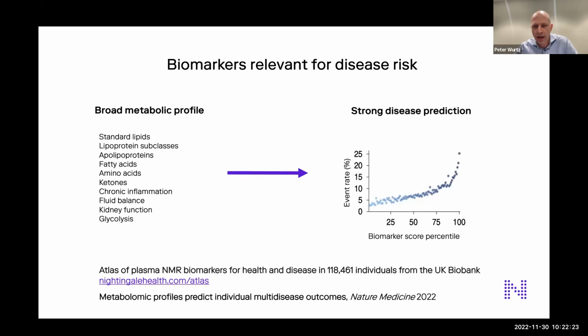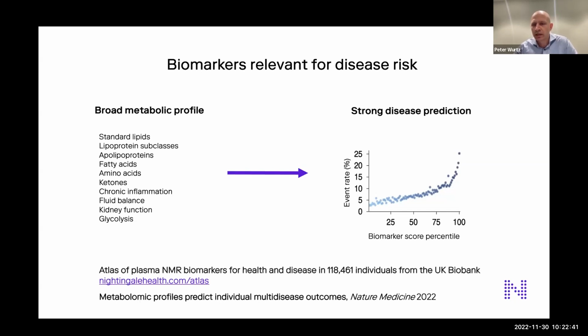I would like to highlight a recent paper in Nature Medicine on prediction of multi-disease outcomes, where 24 common disease outcomes were predicted with this single metabolomics assay, showing very promising results in terms of improved prediction.